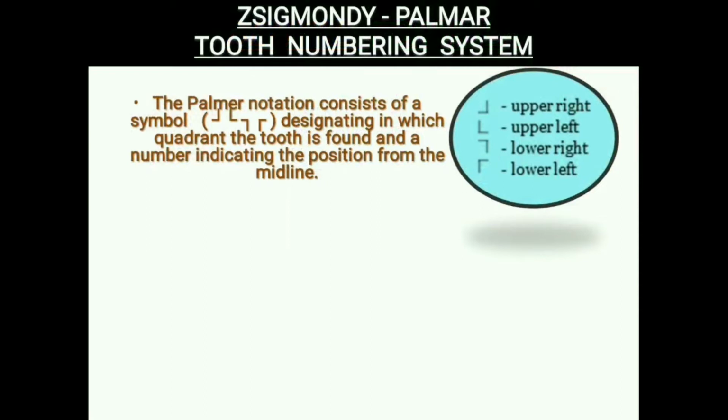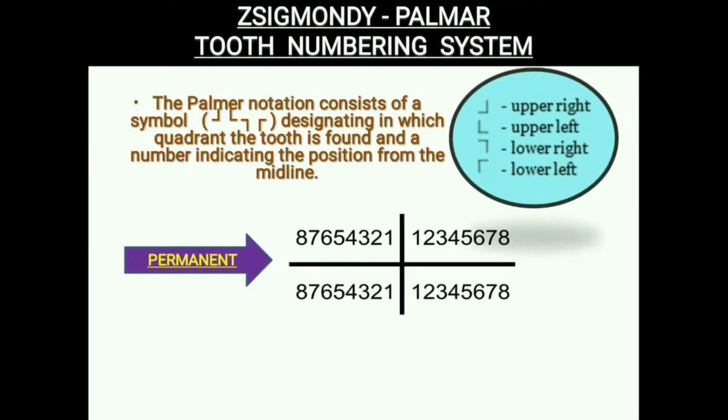It consists of symbols designating in which quadrant the tooth is, and the number indicating the position of the tooth from the midline. Here on the right side, you can see the symbols used for each quadrant. Now, if you want to show whole dentition, then the Zsigmondy-Palmer cross is used, and the numbers 1 to 8 are given from midline to each specific tooth.